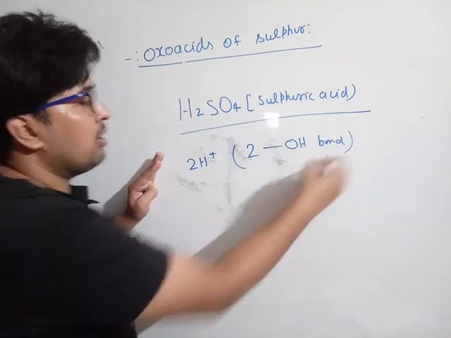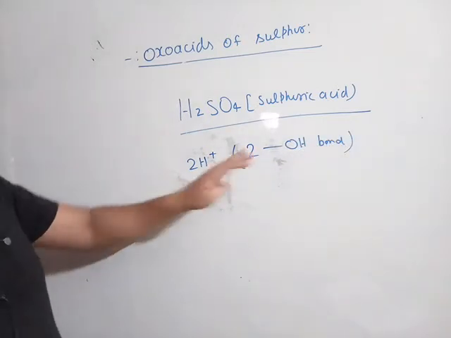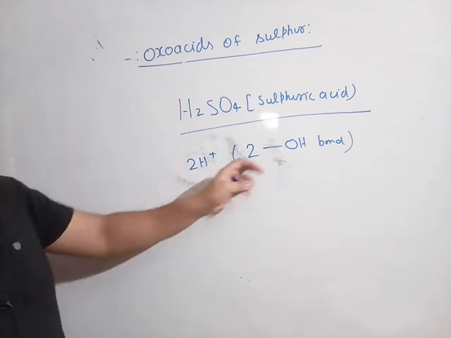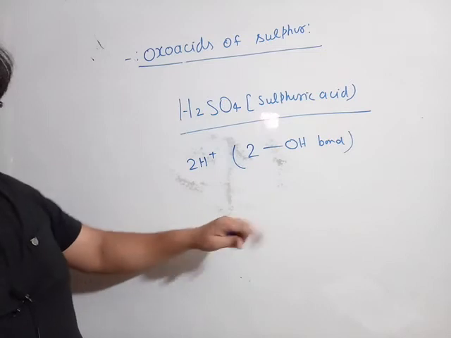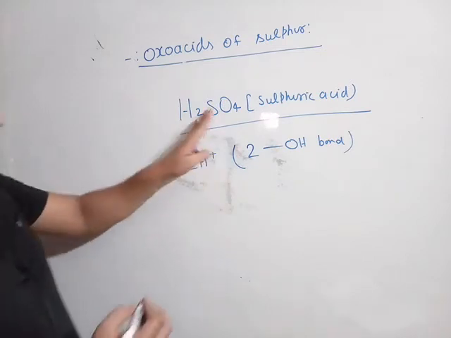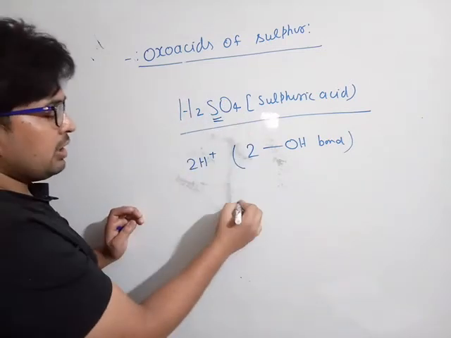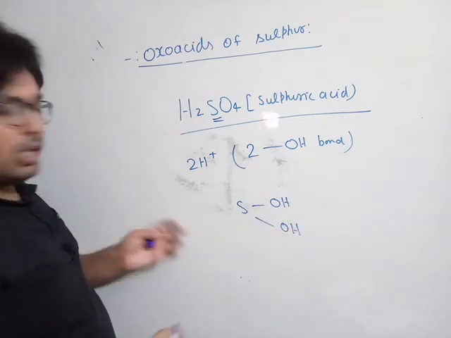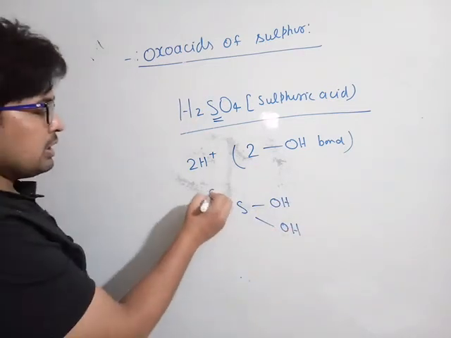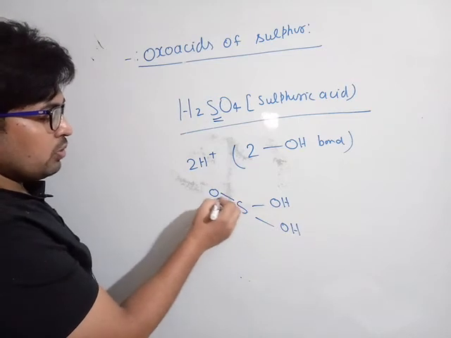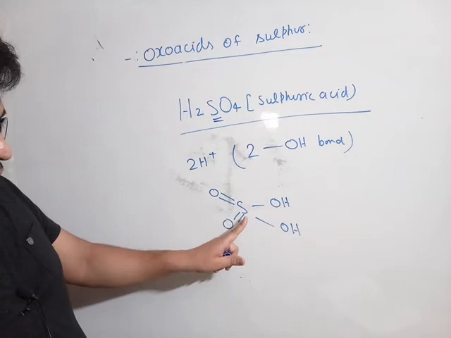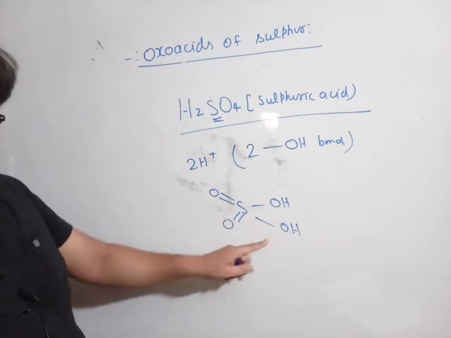If it gives 1 H plus, it will have 1 OH bond. If it gives 2 H plus, it will have 2 OH bonds. Roughly drawing this structure, sulfur will be in the middle with 2 OH. What is left? We are left with oxygen, so oxygen will take 2 bonds. Sulfur had 6 electrons, and all are consumed.